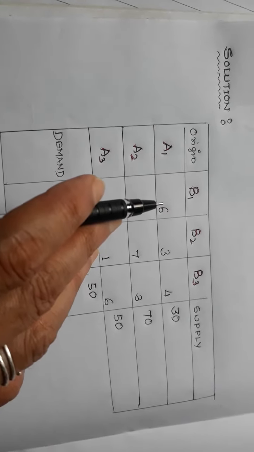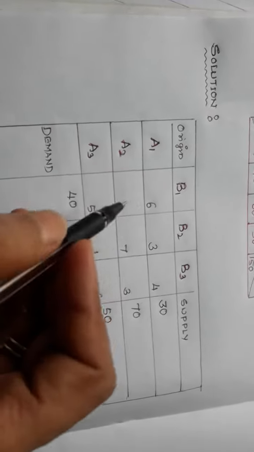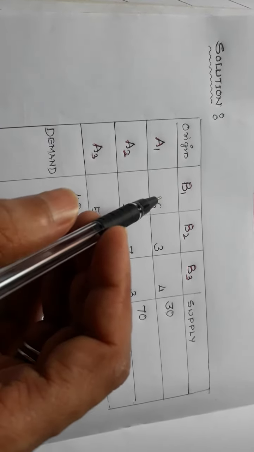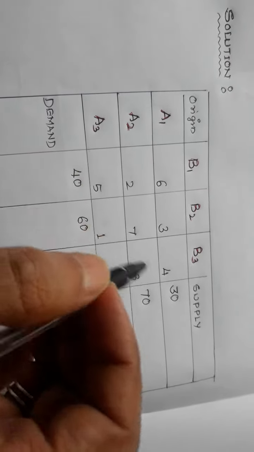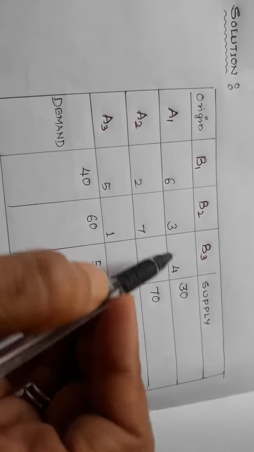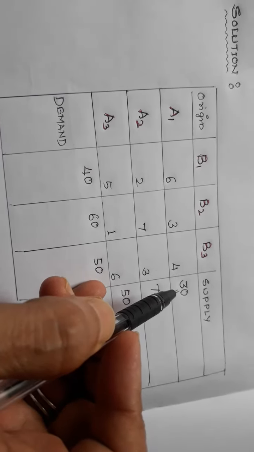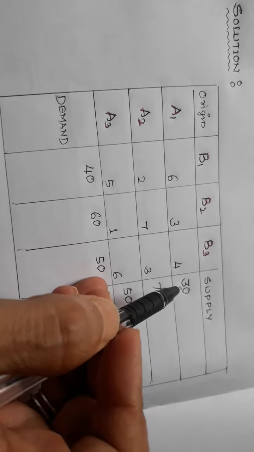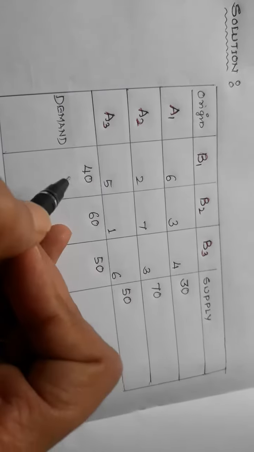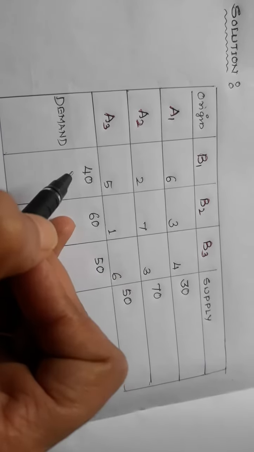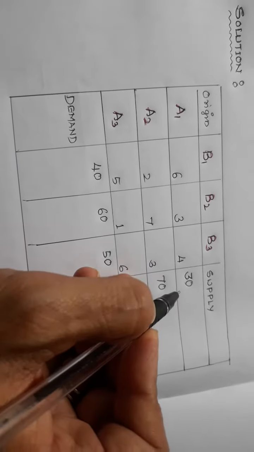It is called the northwest. Before allocating, you should look at the supply and demand. A1 supply is 30 and B1 demand is 40. Which one is less? 30 is less.